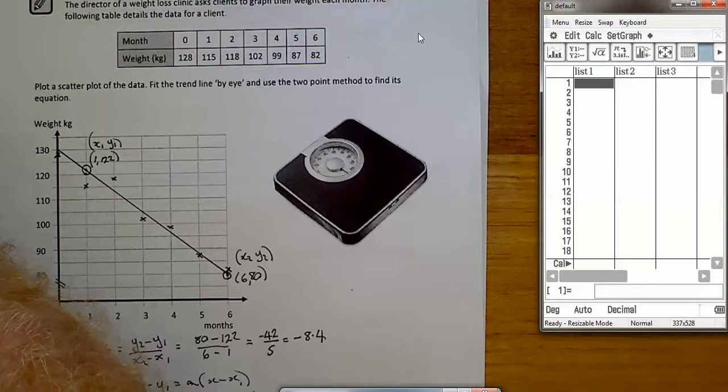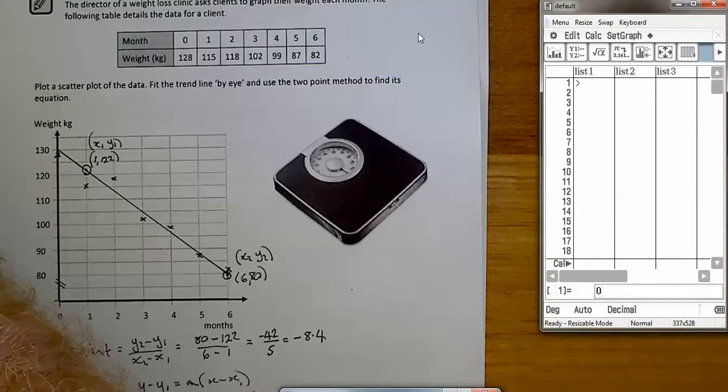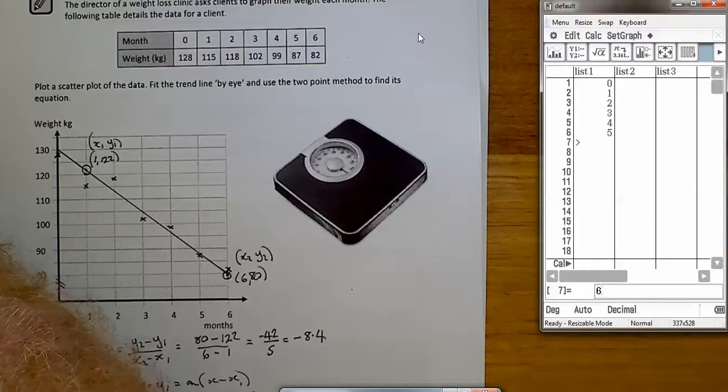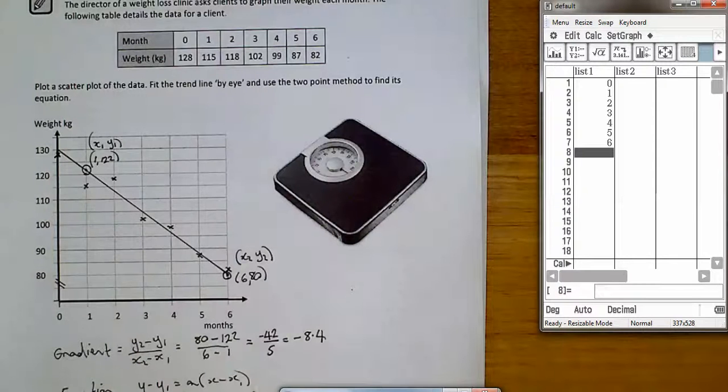Press EXE after each piece of data, so it's 0, EXE, 1, EXE, 2, EXE. Enter all your data down to 6 months, and then toggle across and click in list 2 and enter your Y data.